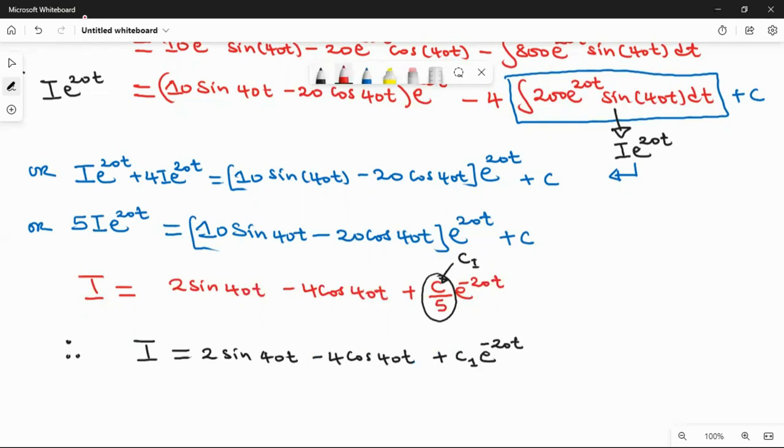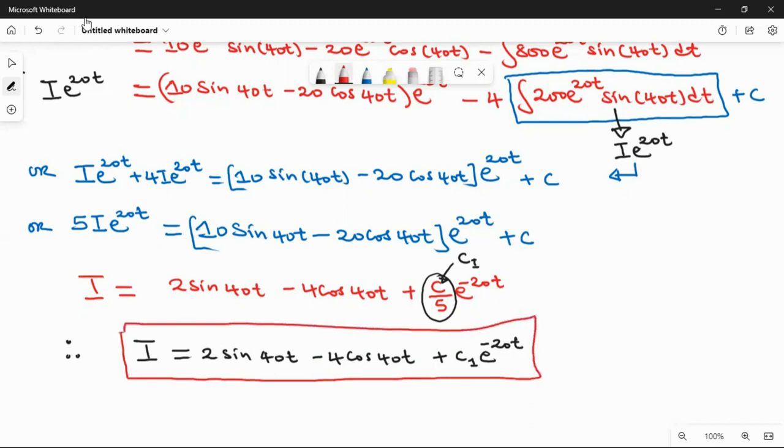So what we have here is our general solution. So let's comment on it. You write this the general solution. Now we need to find the particular solution. What were we told?